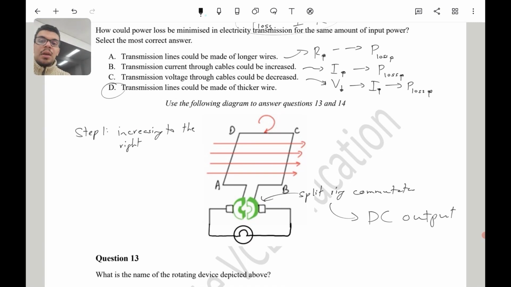All right, guys. So our coil is going to go from horizontal to vertical. And so when our coil goes from horizontal to vertical, the magnetic flux will be increasing to the right. That's step 1. Step 2, the induced magnetic field. The induced magnetic field should be to the left, in order to oppose that increase.